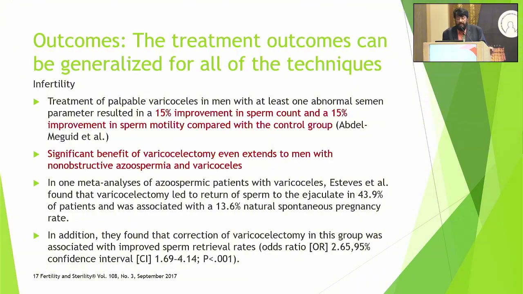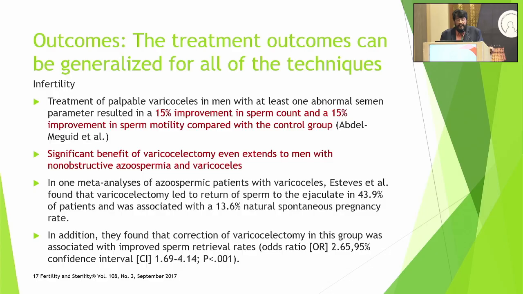Treatment of palpable varicocele in men with at least one abnormal sperm parameter resulted in 15% improvement in sperm count and 15% improvement in sperm motility compared with the control group. Significant benefit of varicocelectomy even extends to men with non-obstructive azoospermia and varicoceles.